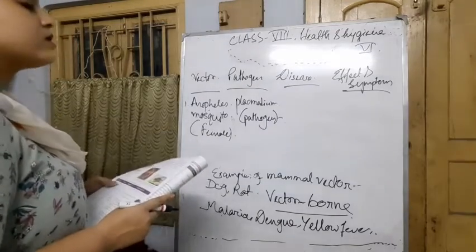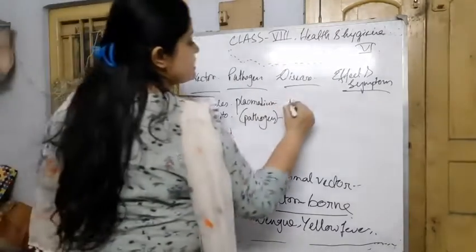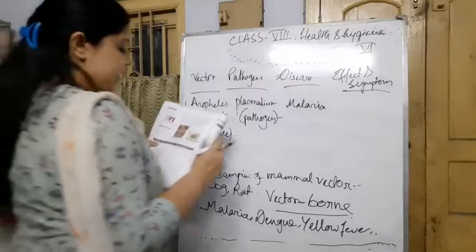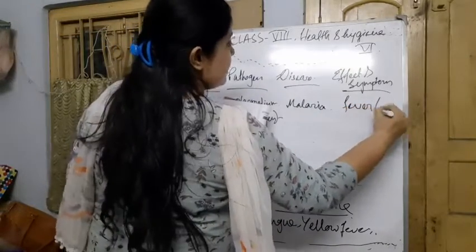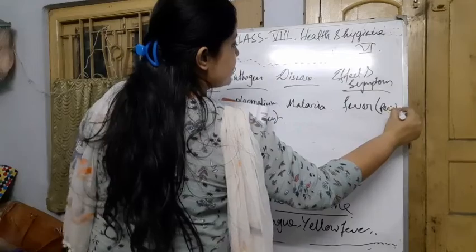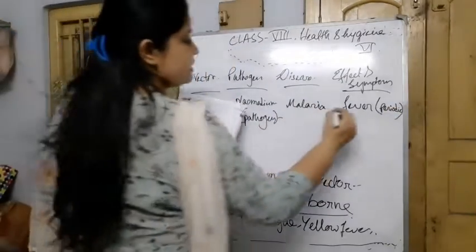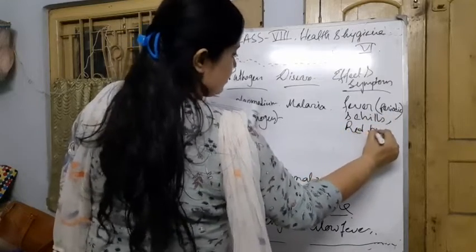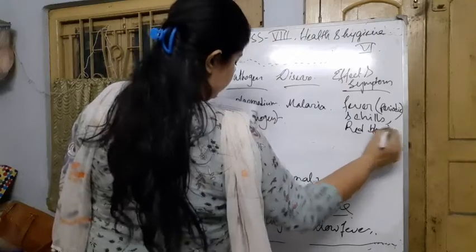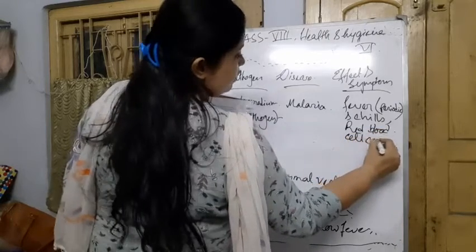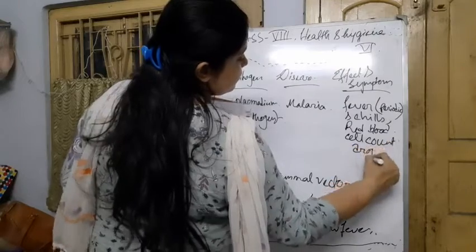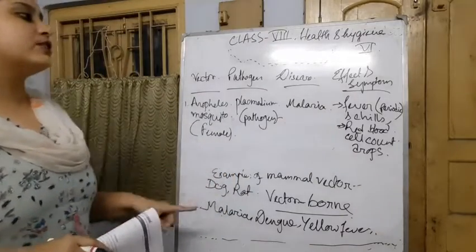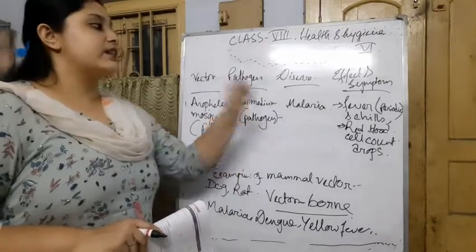The disease caused by it is malaria. The effect is periodic fever, which comes after a period of time with chills, and the red blood cell count drops. This is the way we will discuss the vector, the name of the pathogen, the disease caused by this vector, and the effects and symptoms.